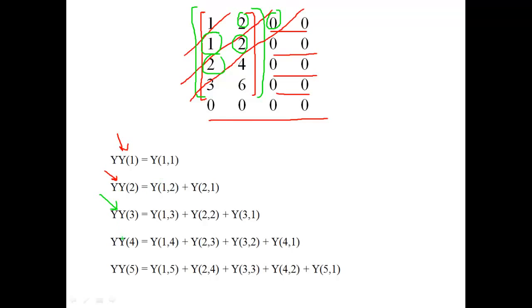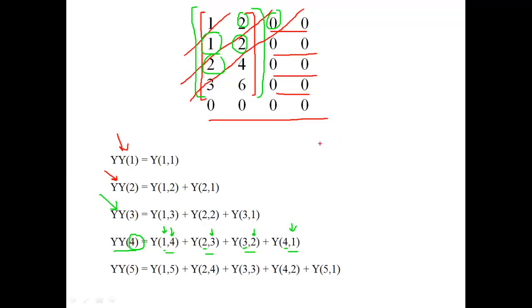For each term, let's say y of 4, we start at y of 1, and the row number keeps increasing, 1 2 3 4, till this value n, while the column number keeps decreasing, 4 3 2 1. If you see the sum of these indices, 1 plus 4 is 5, 2 plus 3 is 5, 3 plus 2 is 5, 4 plus 1 is 5.